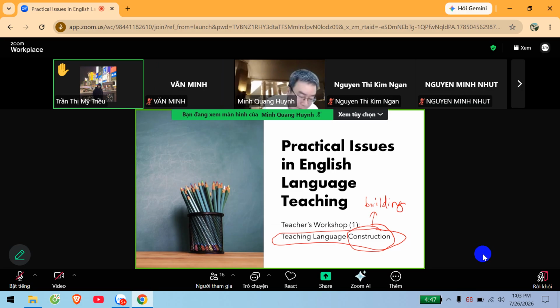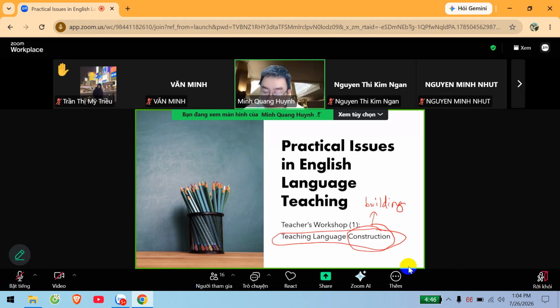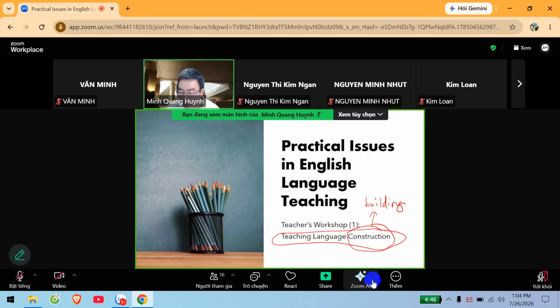To build in English means to put some things together to form something else. For example, when you say you build a house, you put together bricks, wood, and materials to make a house. So to build means to put together something to create something else.